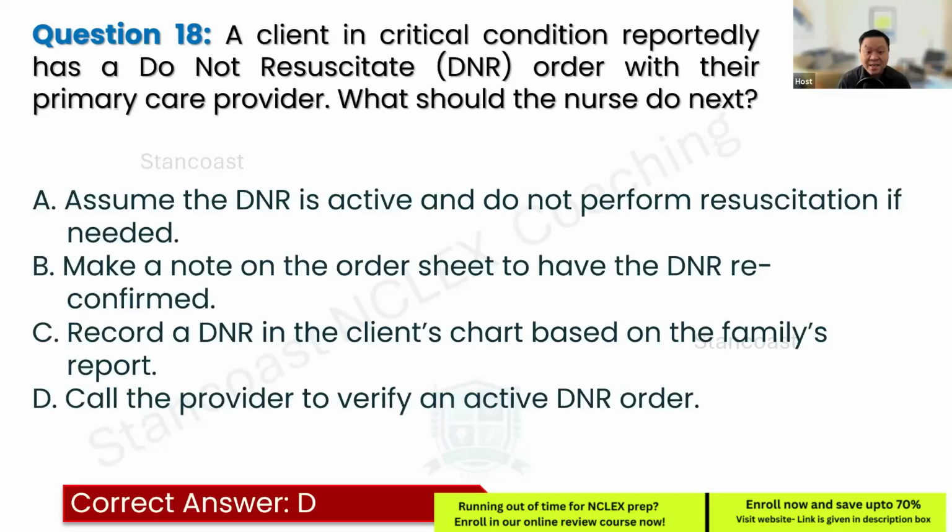And letter C, only a provider can officially document a DNR. Nurses cannot place such an order independently. So your strategy here is to select that option that can validate critical information directly from the medical provider to avoid assumption-based actions.